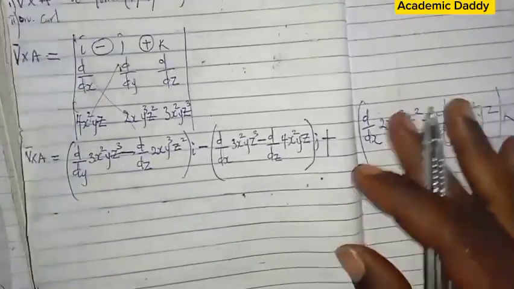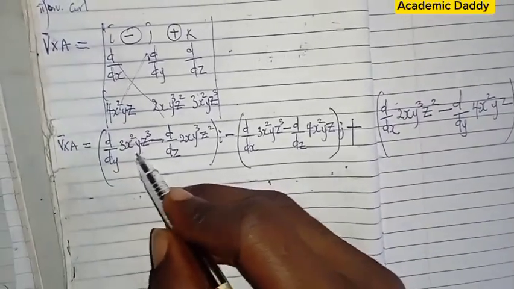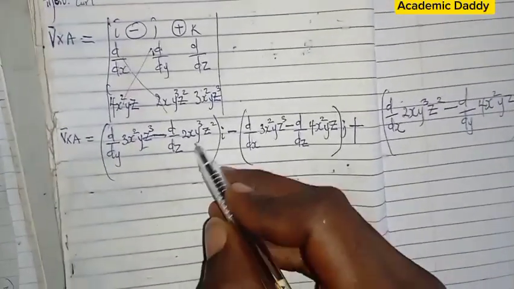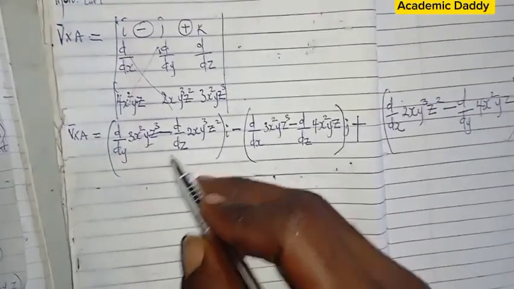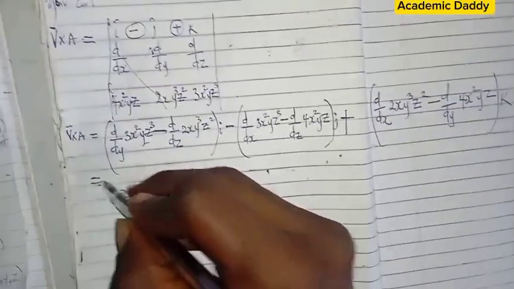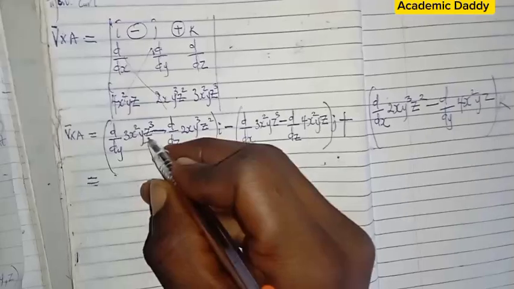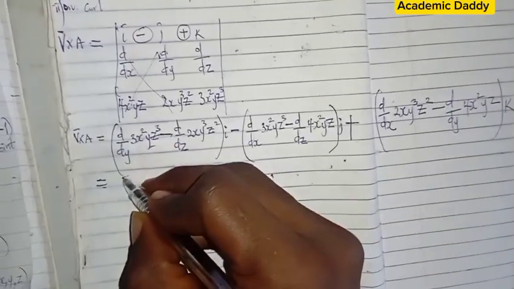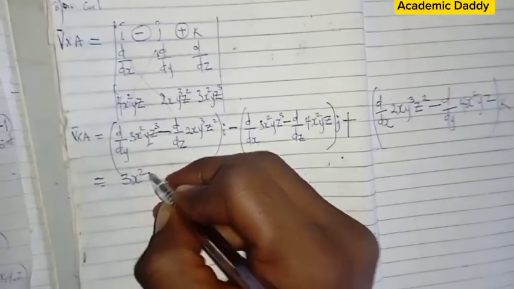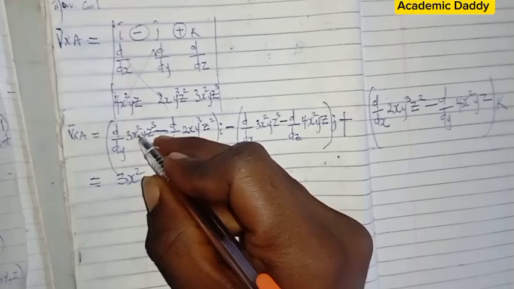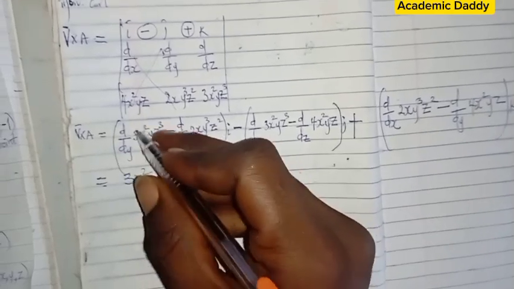So let's differentiate. We are differentiating this with respect to y, differentiating this with respect to z. Whatever is down here means with respect to. So this will be equal to, we are carrying the x because they are products, but it's y we are differentiating. So 3x squared, then assuming it's minus or plus, we ignore this x.